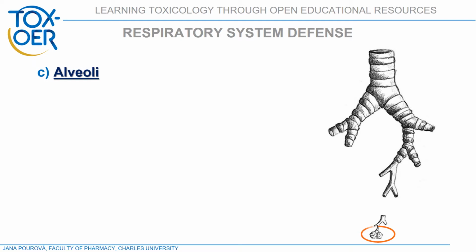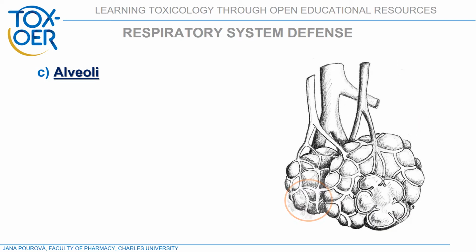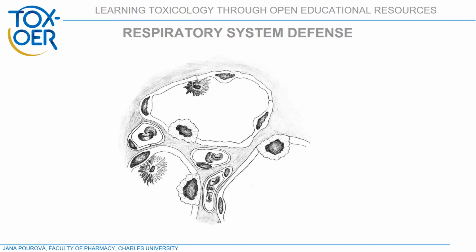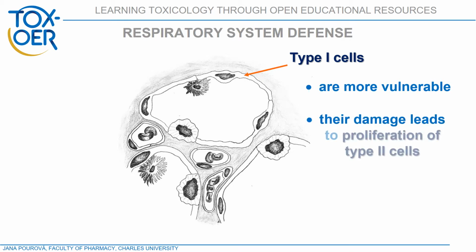In alveoli, there are type 1 cells which are more vulnerable, and their damage leads to proliferation of type 2 cells.